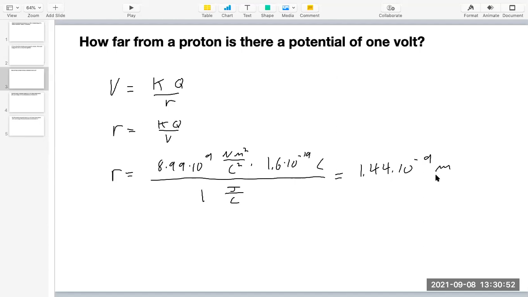Kind of neat. So chemical things can make things happen with potentials, with changes in energy per unit charge, of things in the neighborhood of a volt.